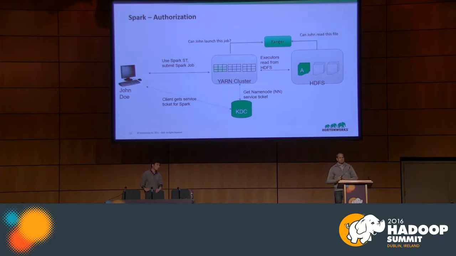So let's talk about the second pillar of security, which is authorization or access control. In this John Doe example, when he submitted the job, there are multiple levels of access control check. Because we're talking about a YARN cluster, he submits the job to the YARN cluster.